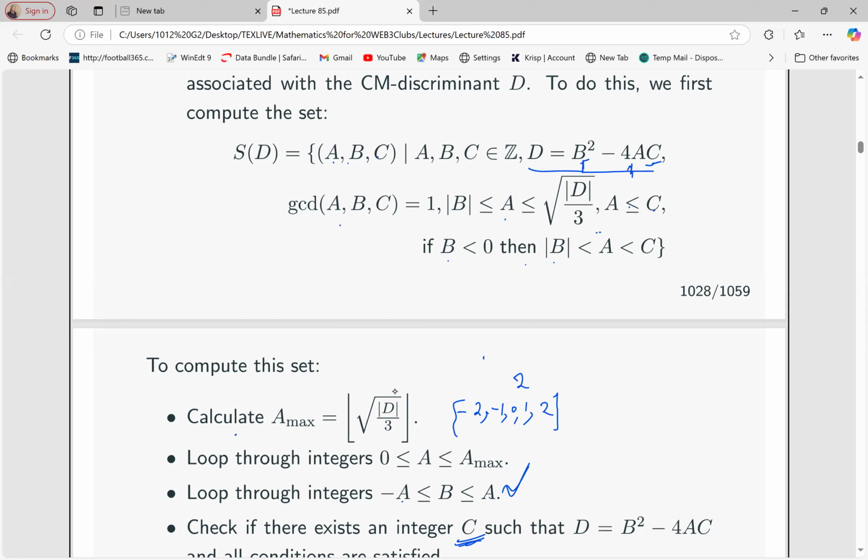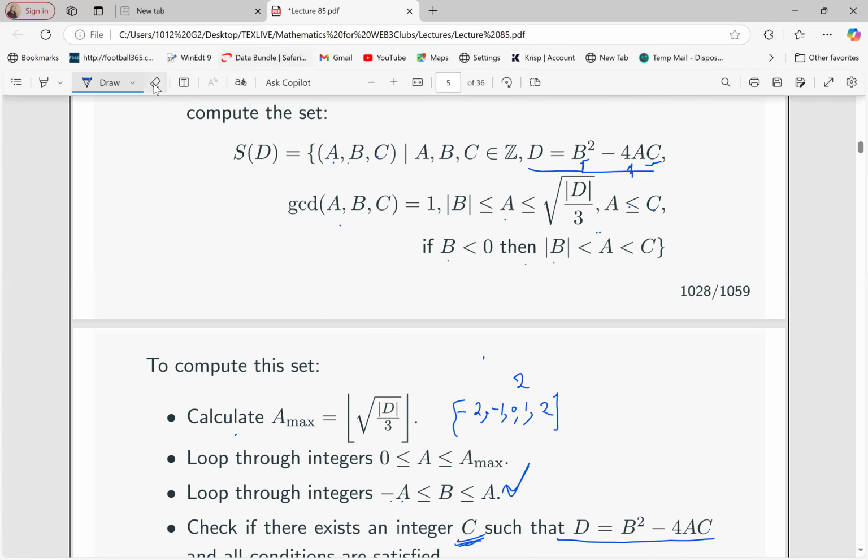So where C exists, I've written it here. You're looping through every value of B, and you want to find what C is.